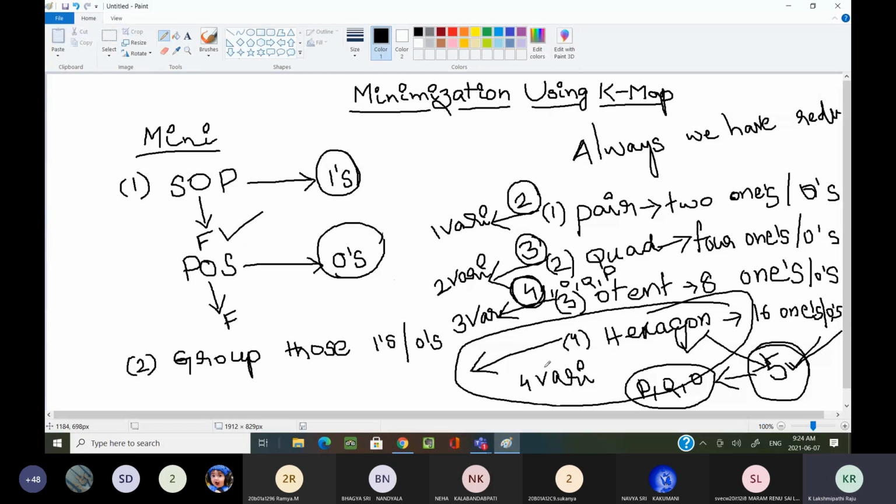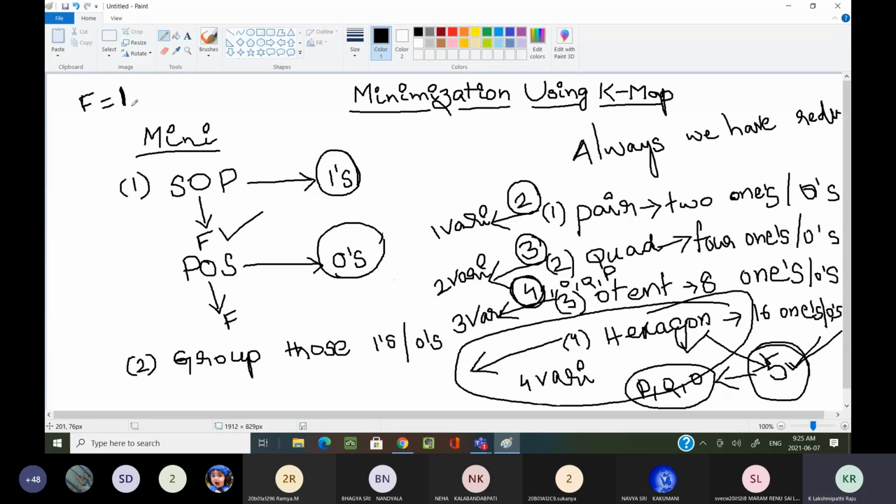Then what is the need of simplifying that Boolean expression? Because if all the min terms are there in the given Boolean expression, that is nothing but f equal to 1. What happens? All the variables will be reduced, and finally you are getting the output as 1. F equal to 1. Why are you using this map method?